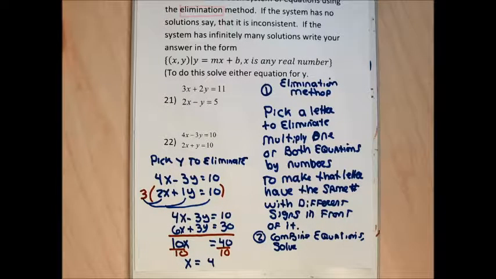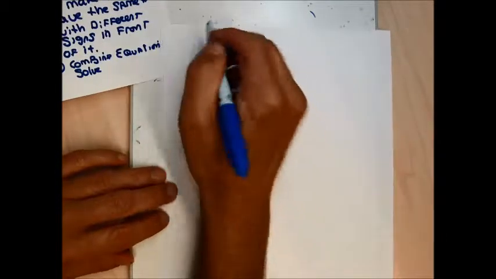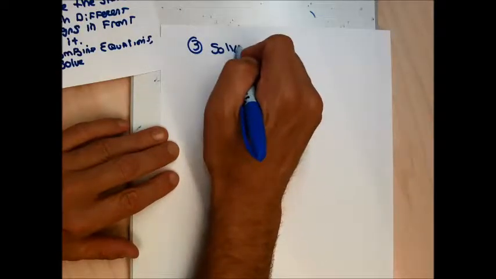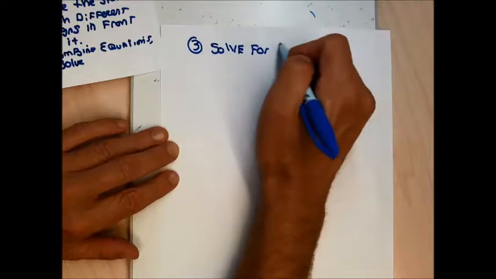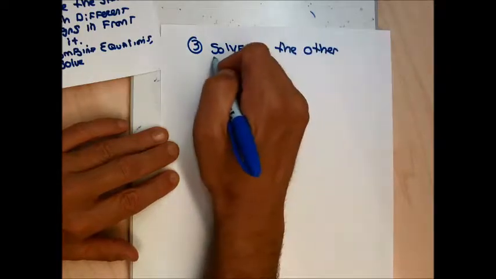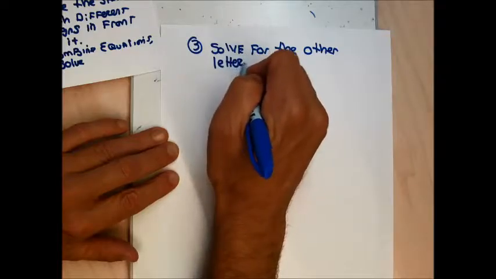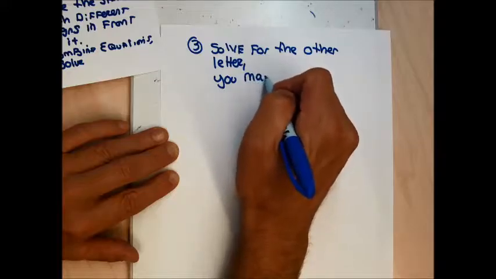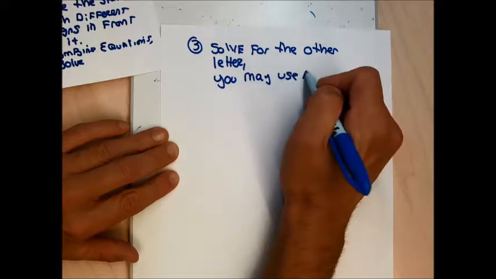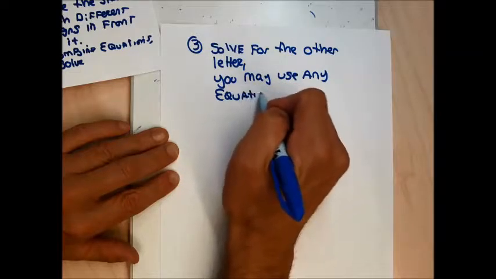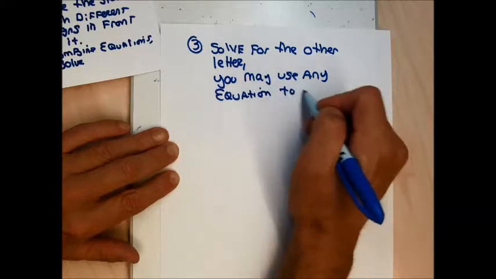Step 3 is to solve for the other letter. In this case, the other letter is y. And you may use any equation that you like, any equation that's part of this problem, to solve for this letter.